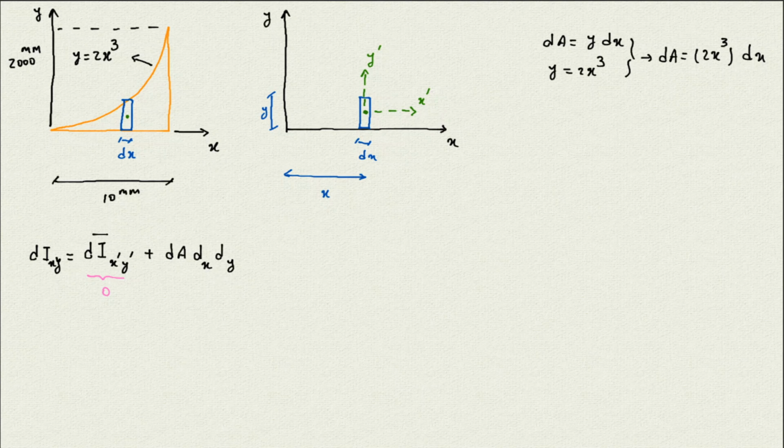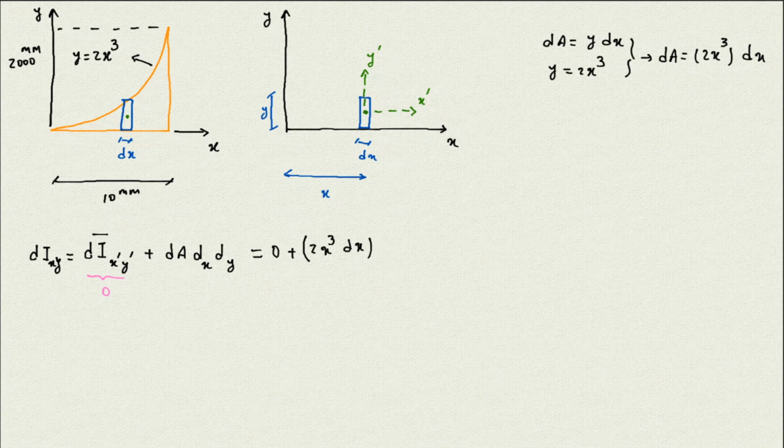So if we do the calculation, it's going to be 0, plus the dA, which is this value here, 2x cubed dx. This is the dA.